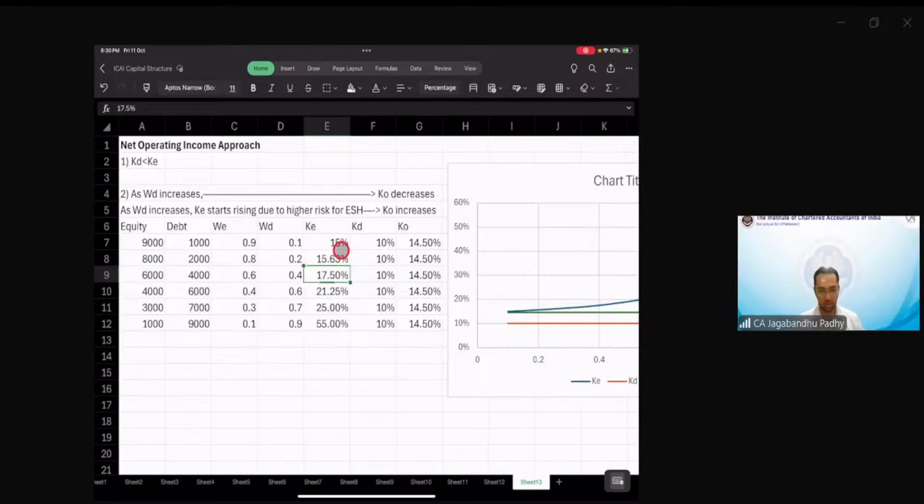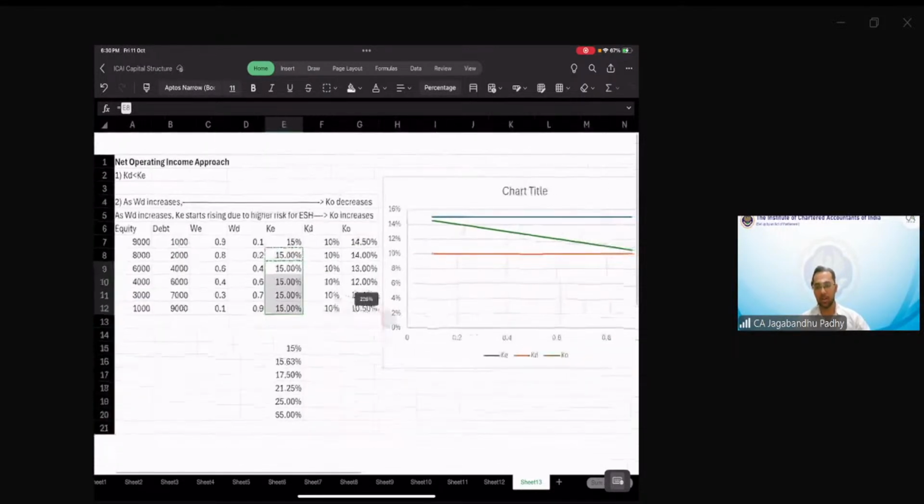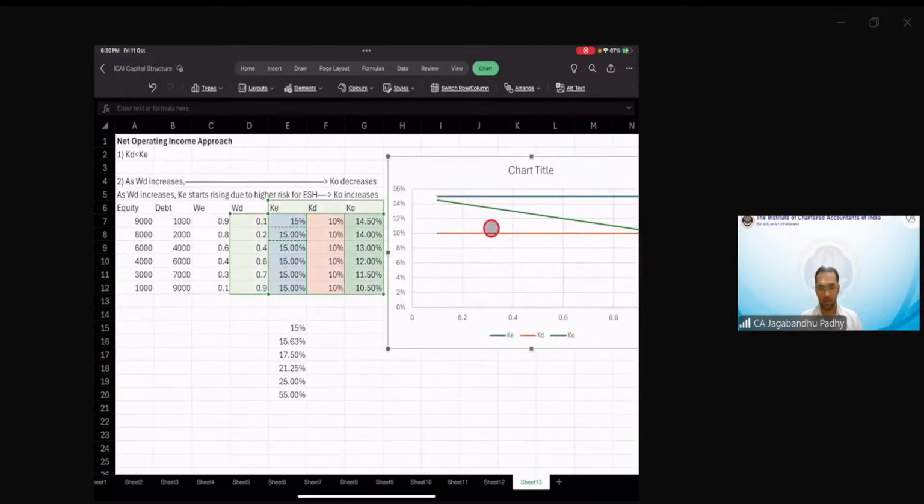Okay, so here we get the cost of equity numbers. Now, what we say here is that as the weightage of debt increases, the perceived risk of equity shareholders is rising. So if the perceived risk of shareholders is rising, instead of keeping that as a constant term, like in the previous case where we have taken it to be a constant number, if you take the cost of equity to be constant, our chart is like this, right?